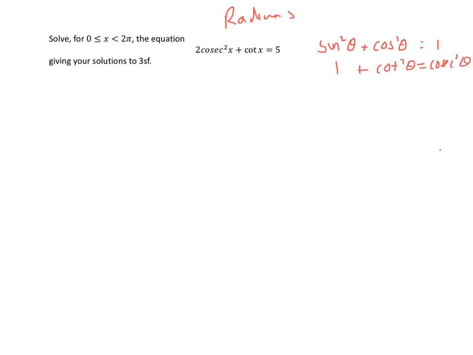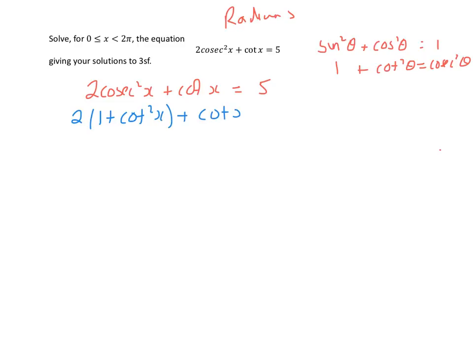So if I've got 2 cosec squared x plus cot x equals 5, then 2 cosec squared x can be written as 2 times 1 plus cot squared x, plus cot x equals 5.